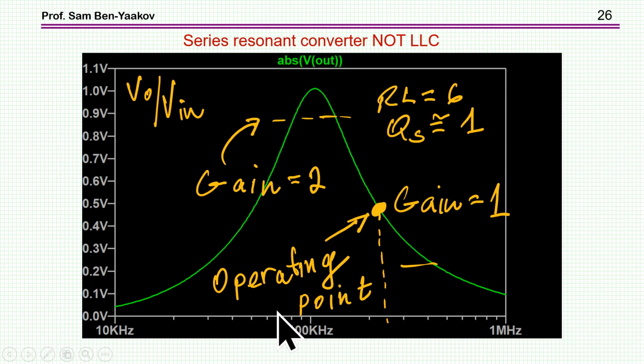Well, what I can do, I can use it as a series resonant converter. I'll set this point as the operating point, and therefore I can have a gain of 2 if I wish. I can also have some more attenuation going to a lower frequency. I need quite a bit of a change in frequencies.